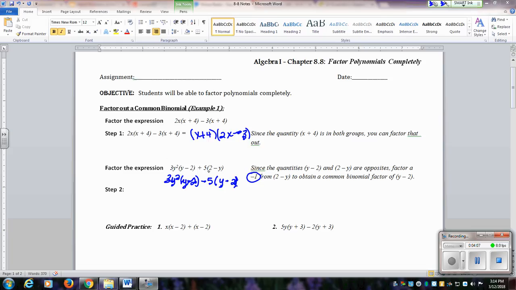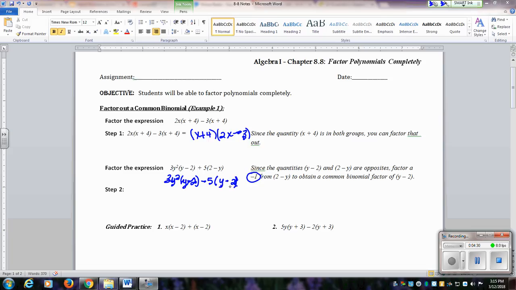If we distributed this positive 5 into this parentheses, let's look at what we'd have. We'd have a positive 10, and we'd have a negative 5y. Do you see what I'm saying? 5 times 2 is 10, and then 5 times negative y is negative 5y. Now let's double check that we come out with the exact same thing.